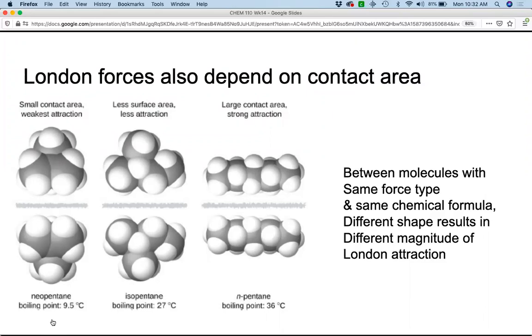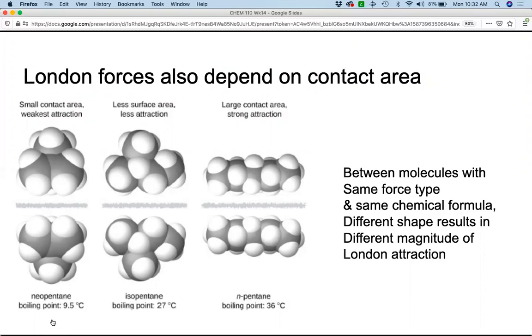And so you can actually see the contact area and the difference between neopentane, where it still has 5 carbons, but they're very close together, versus isopentane that has 5 carbons and they're a little bit more spread out, versus N-pentane, where these are carbons that are connected literally in a linear form. And so they have much more surface area or contact area because they're spread out.